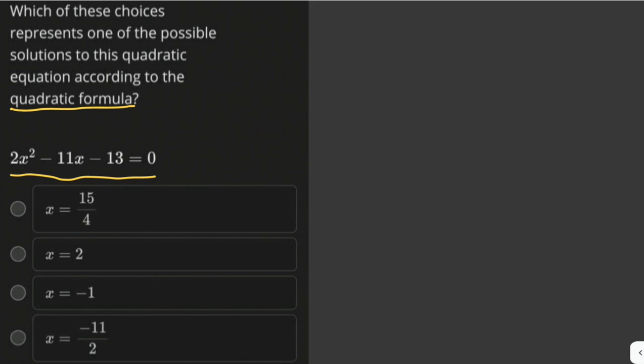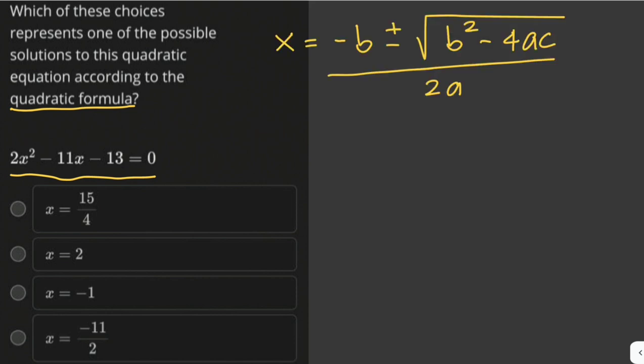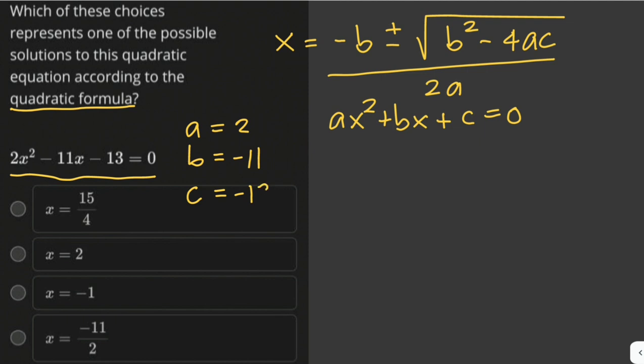So this is our quadratic formula where a, b, and c are the coefficients in our standard quadratic equation, which is ax squared plus bx plus c equals 0. Now we're given here 2x squared minus 11x minus 13. So our a is equal to positive 2, our b is equal to negative 11, and c is equal to negative 13.